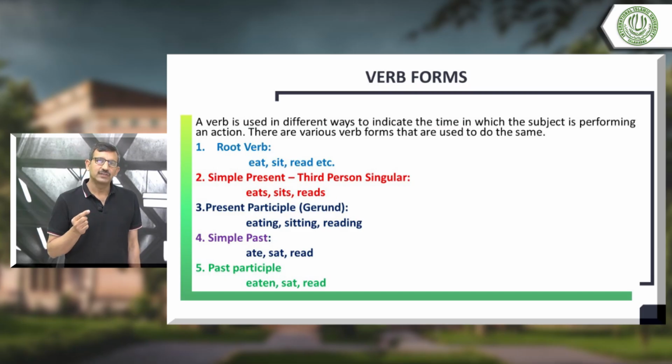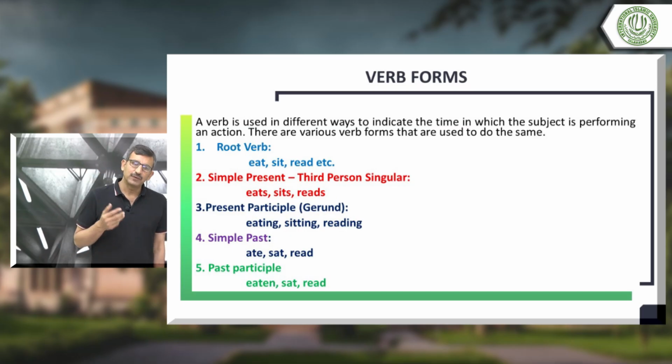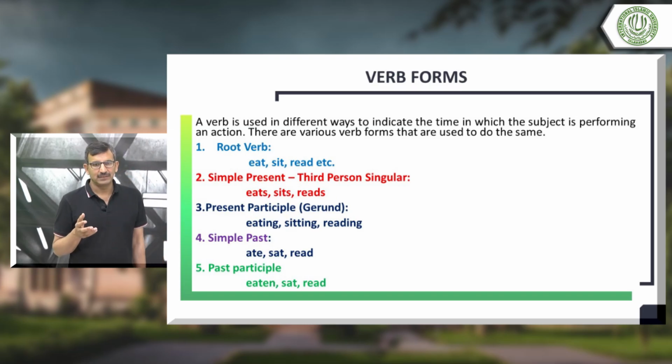Simple past is the only form of verb which is used in the simple past tense, like ate, sat, read. These are the simple past forms of verbs and they are used in the simple past tense or past indefinite tense.